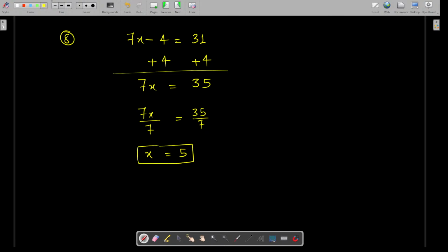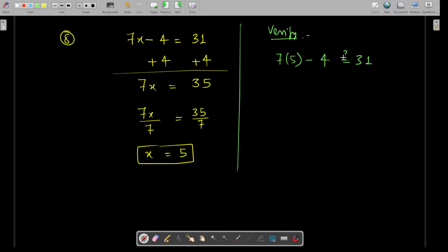And again, let's cross check whether this solution is right or not. While verifying, we put x equals 5 in the equation. Replace the x by 5: 7 times 5 minus 4 equals 31.